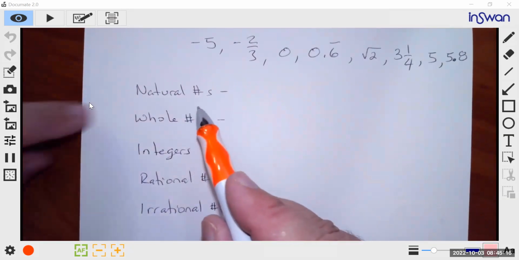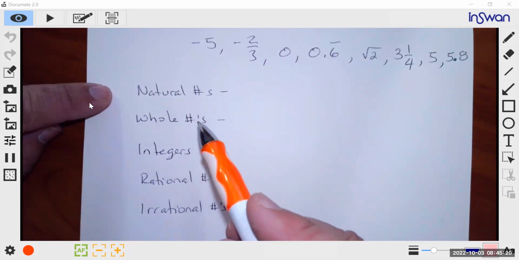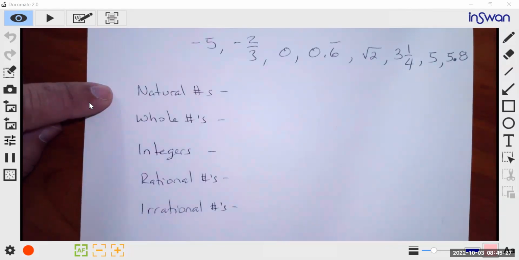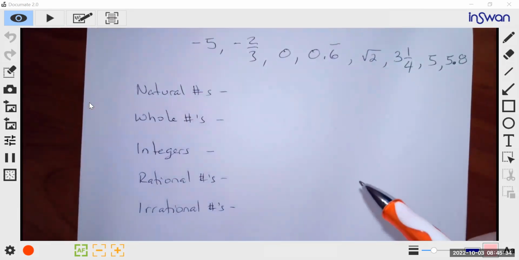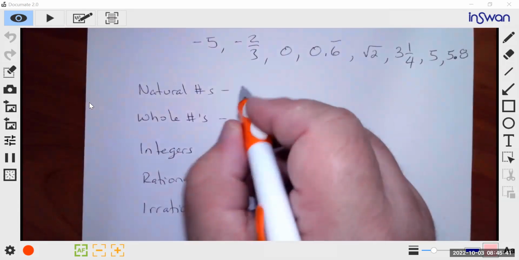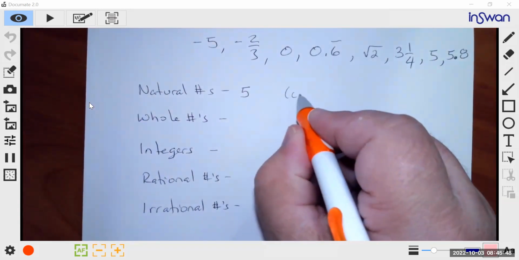So which ones are natural numbers? What is a natural number? Counting numbers. So which one of these are counting numbers? Only one is 5, correct. These are the counting numbers.